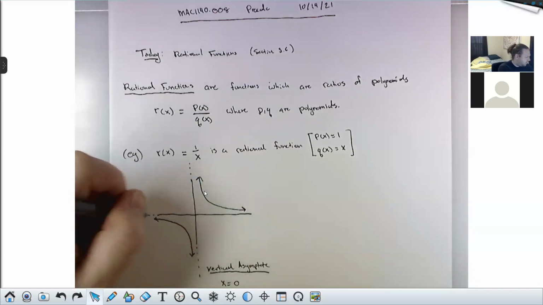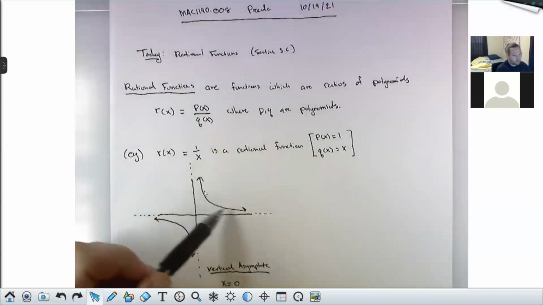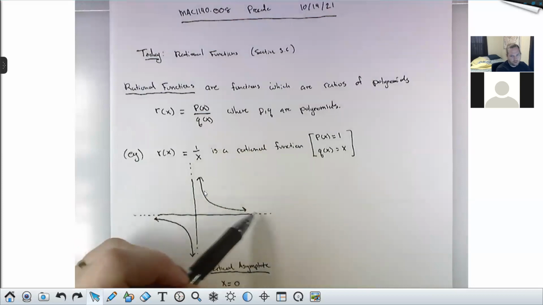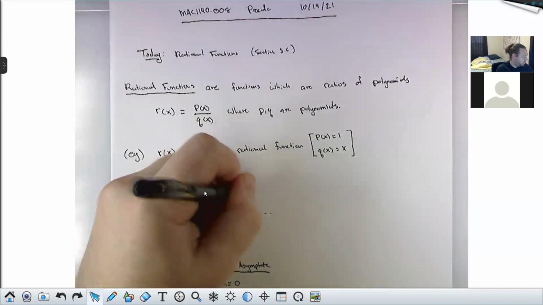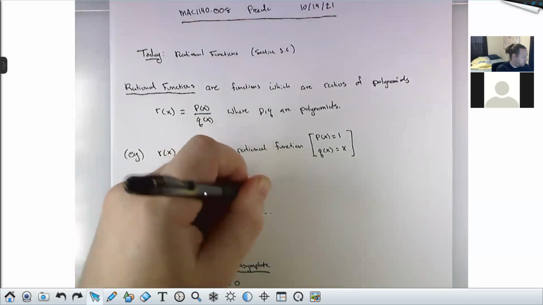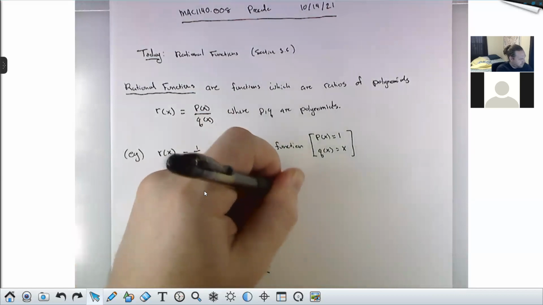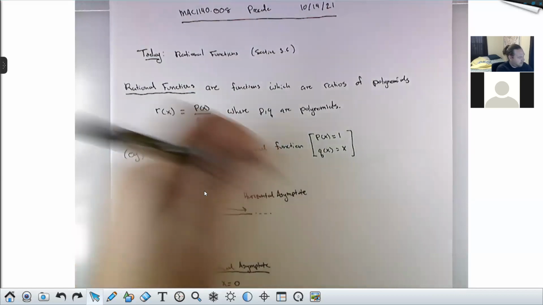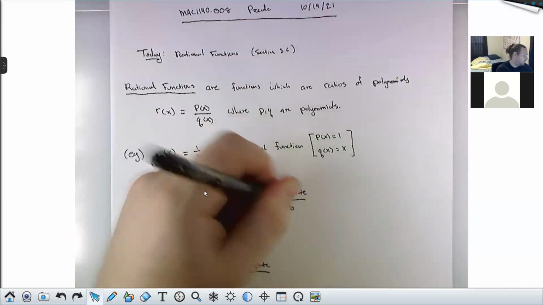Similarly, the arrows on the left and on the right indicate that the function kind of keeps going with this pattern, getting closer and closer and closer to that line. This is called a horizontal asymptote. And this particular guy is the line y equals 0.